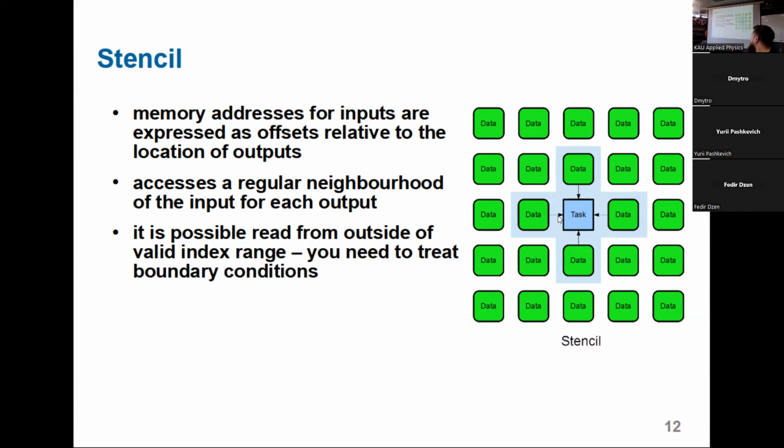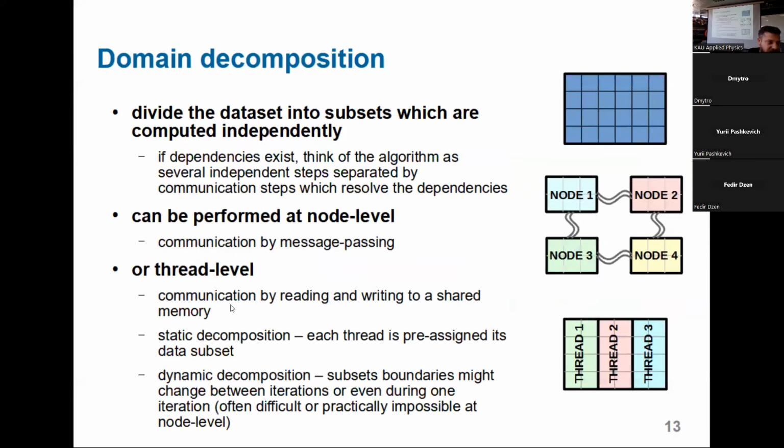So I need to ask the processor, hey, what's your value here? I need to have this synchronized somehow. On the message passing level, on node level, I literally ask the neighboring node what's the value in the cell here, and it should send me that value as a message.